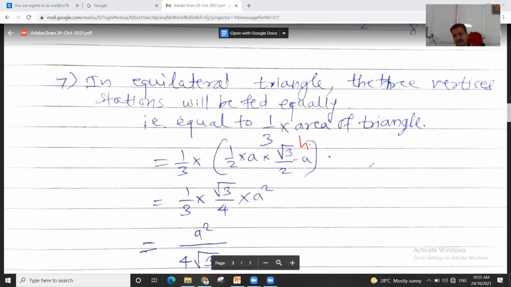Tan 60 म्हणजे front side by adjacent side. Front side is h, adjacent side is a by 2. त्यावरनं the value of h root 3 by 2 into a. The base is a. Base झाला, ही झाली height h. Then you get area of triangle. Okay.